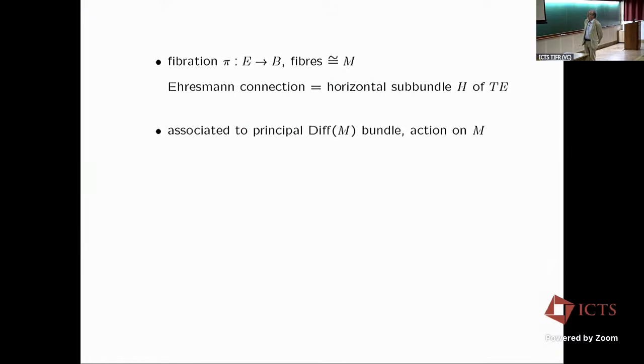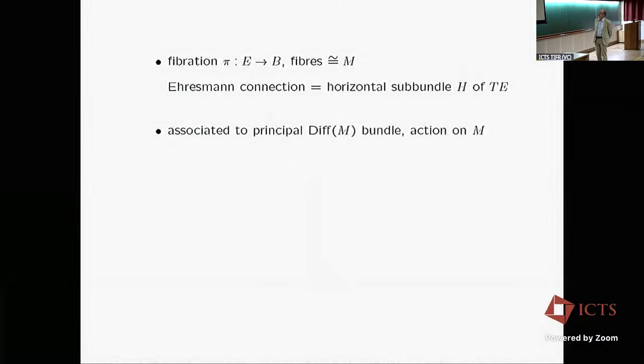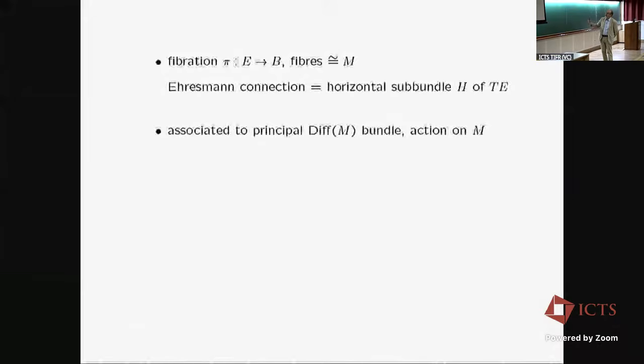Okay, so let me talk now about the language in which I'm going to do this. So just let me recall for you that an Ehresmann connection, if we have a C infinity fibration of manifolds where each fiber is diffeomorphic to a manifold M, is a horizontal subspace of the tangent bundle of the total space.